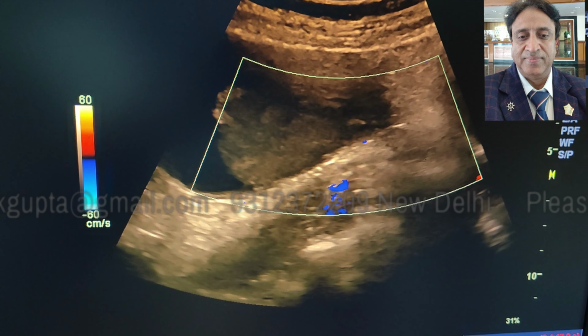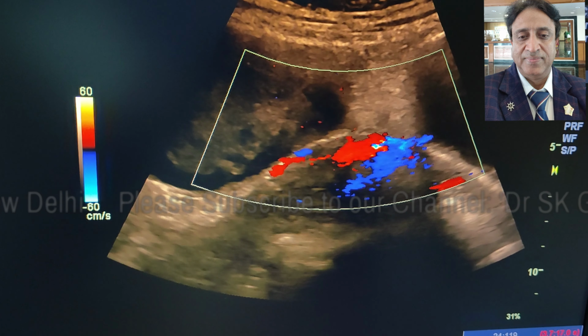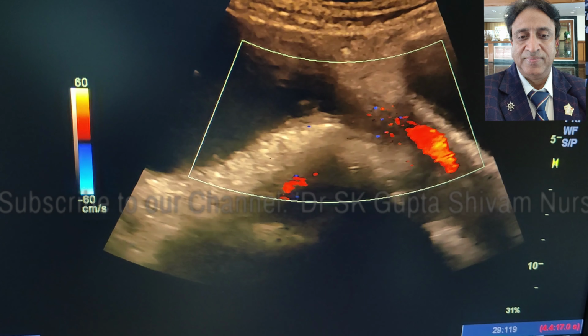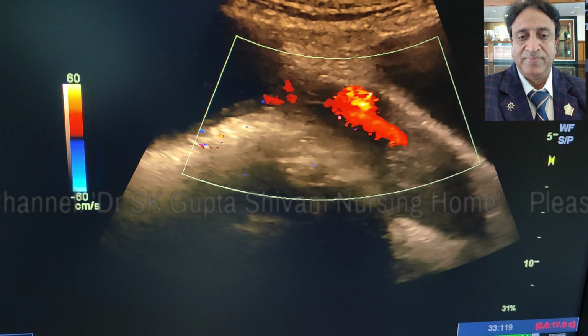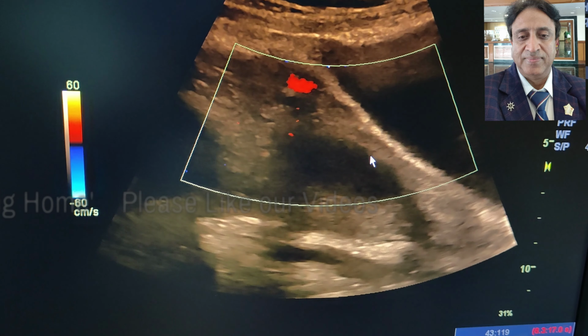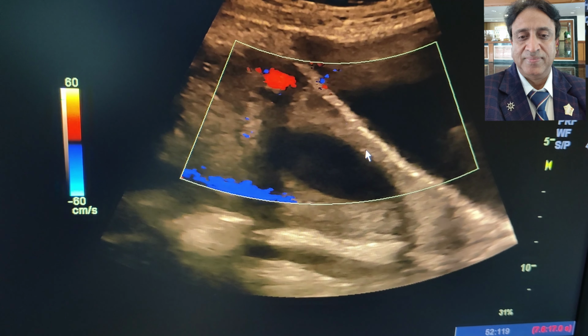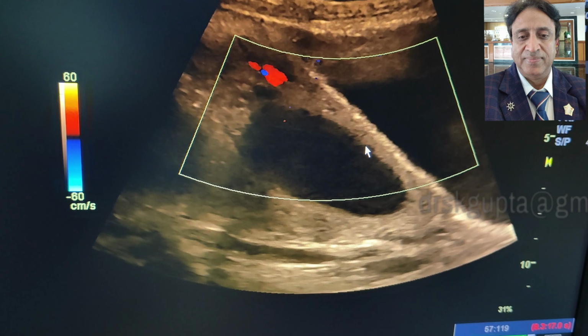This is the rudimentary horn, and you can see that on color Doppler, the normal tissue of the uterus is taking up the color, and there are vessels traversing through this tissue, and this is the uterine artery, and this is the cervix in which the uterine vessels can be seen. So it is quite possible that we are dealing with the rudimentary horn of the uterus and not extrauterine tissue.